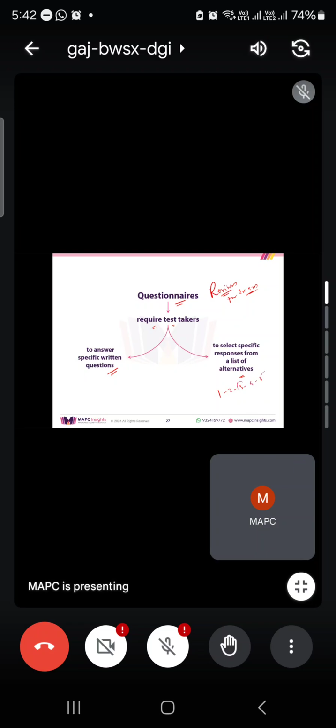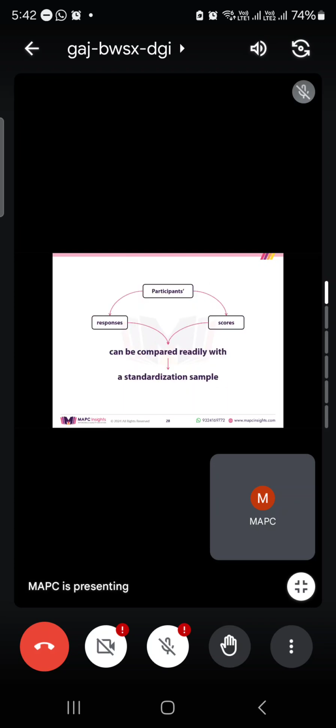Five options are there. Select the appropriate option. These are the alternatives. Participant responses and score.